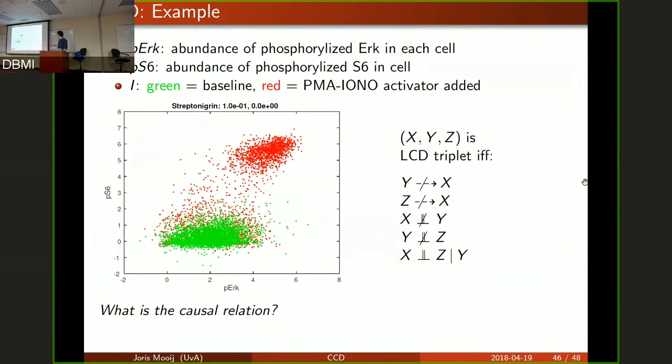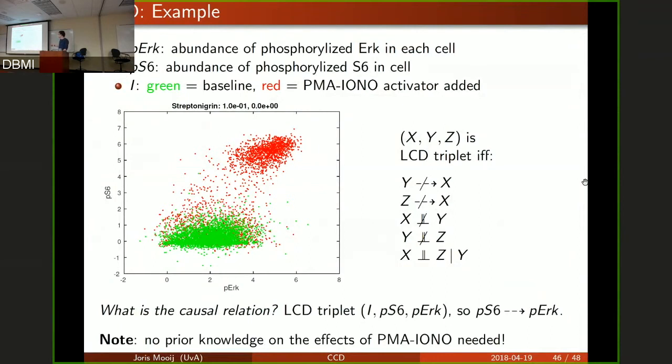If you look at the data by eye, you already see these independencies for this particular LCD triplet. So you could conclude that S6 is causing ERK. Now we can do this without having to rely on background knowledge on what this activator is doing. So whether it's specific or not doesn't matter so much.